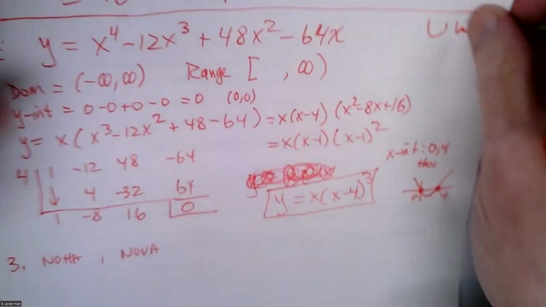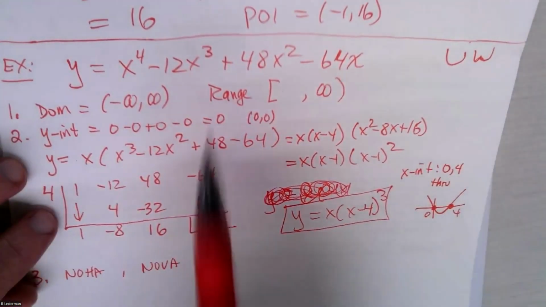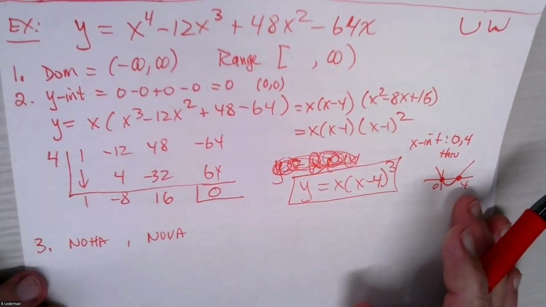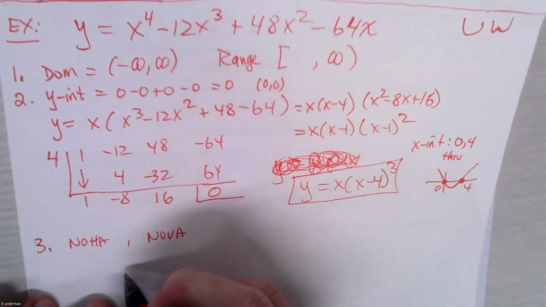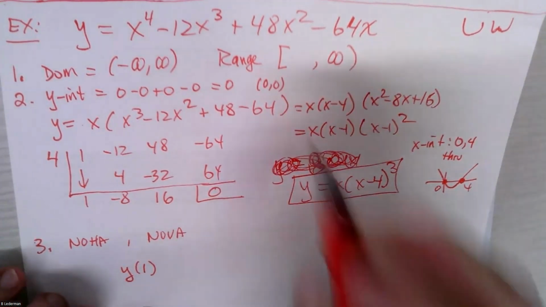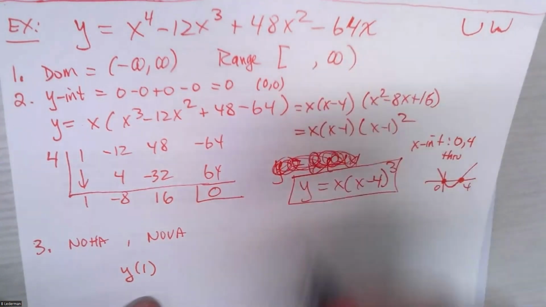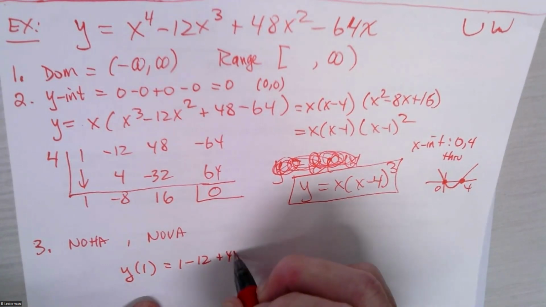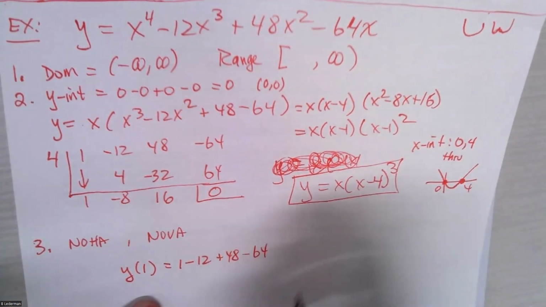Remember, I was supposed to fill in that number. Let's just do that right now. So y of 1 is going to give us the bottom of our range. y of 1 is equal to 1 minus 12 plus 48 minus 64, which is 49 minus 76.